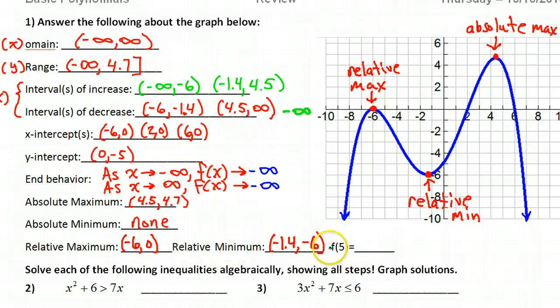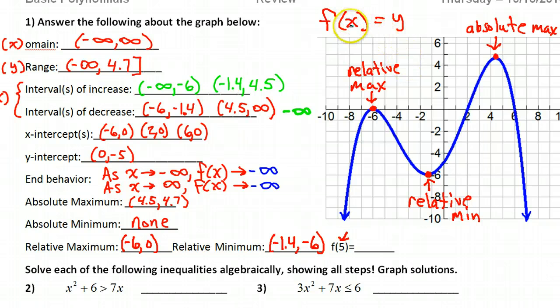Okay, and what is the value of f of 5? So you should be asking yourself, wait a minute, is this 5 an x value or a y value? Now I tried to teach you that function notation always works like this: f of x equals y. This is the format.